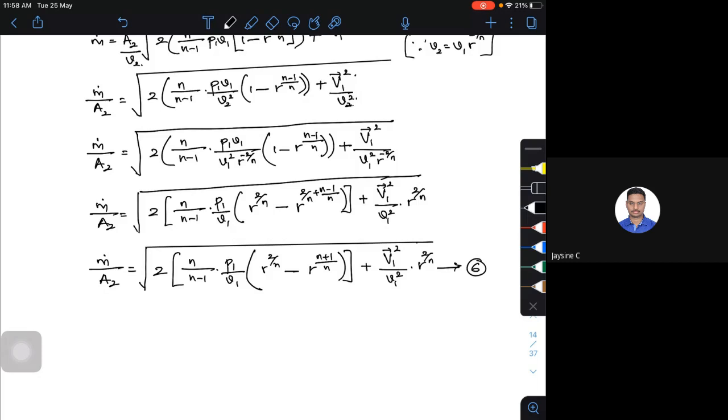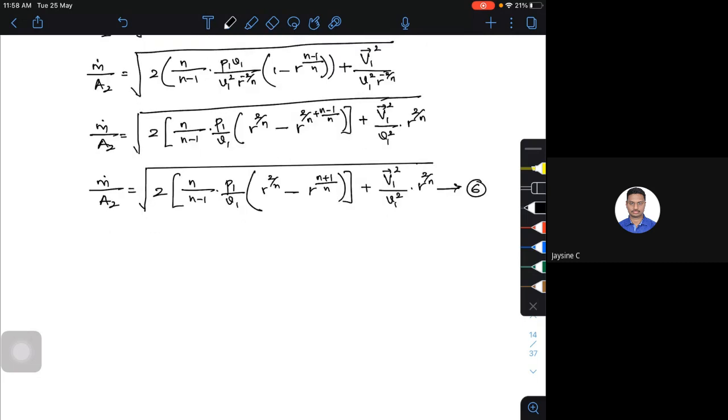So what I need to do here is maximize for maximum mass flow. For maximum mass flow, what should I do?